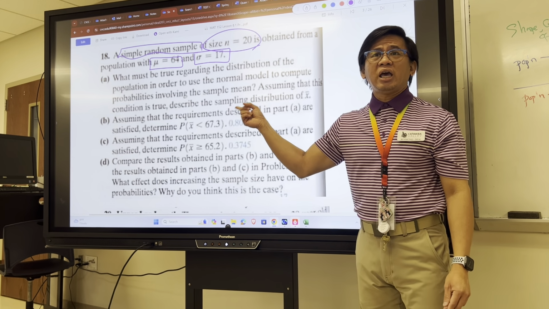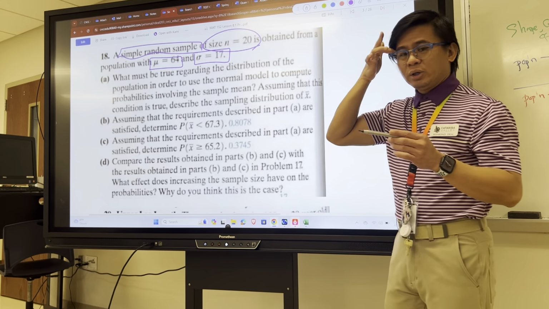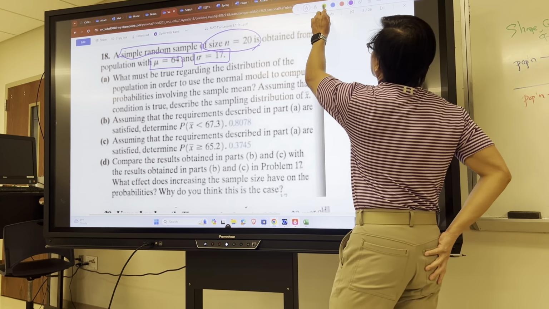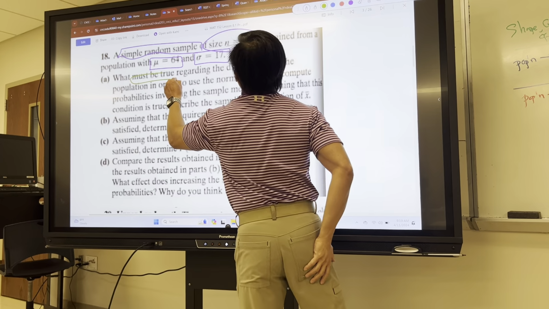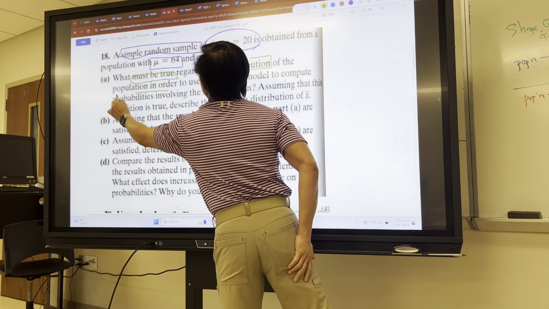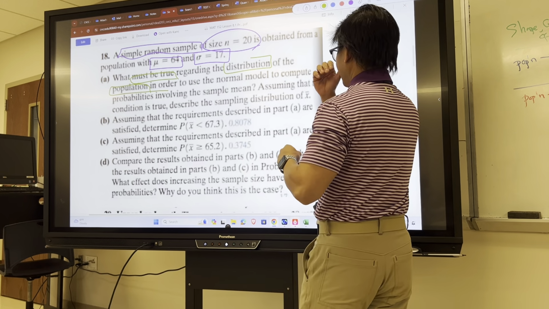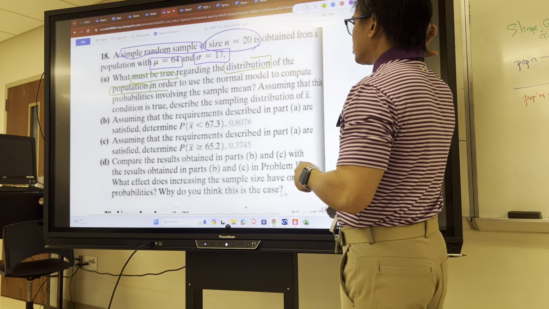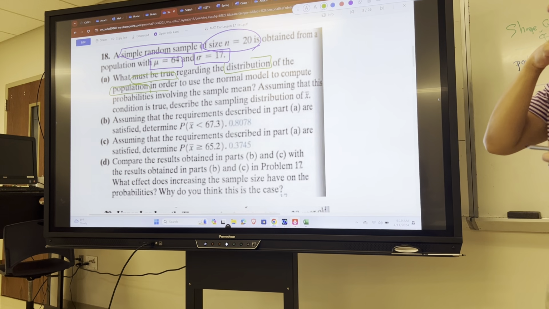Let's read letter A. How do we do this? Juliana, go ahead, please. What must be true regarding the distribution of the population in order to use the normal model for x bar? All right, thank you.